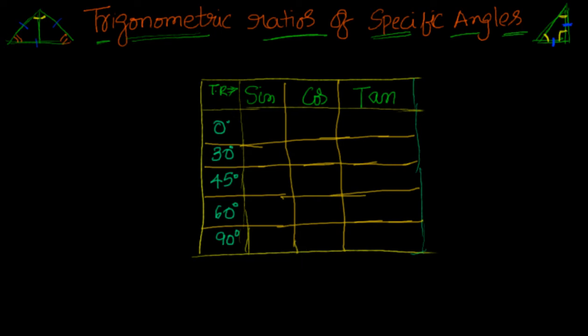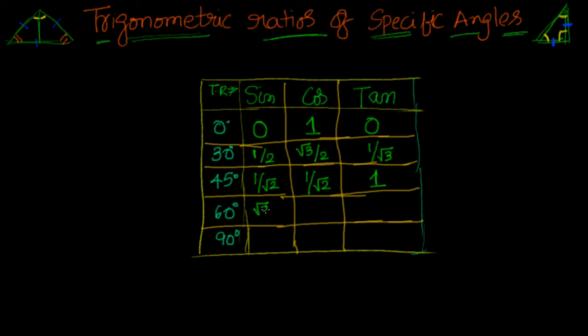Okay, let's see this. Sine 0 is 0. Cos 0 is 1. Tan 0, yes, you are right, 0. Sin 30 is 1 by 2. Cos 30 is root 3 by 2. Tan 30 is 1 by root 3. Whatever we have done, I am just recounting. Sin 45 is 1 by root 2. Cos 45 is 1 by root 2. Tan 45 is 1.